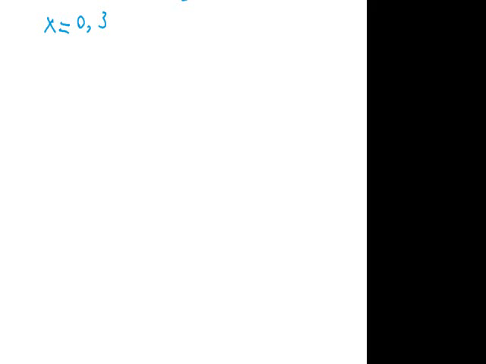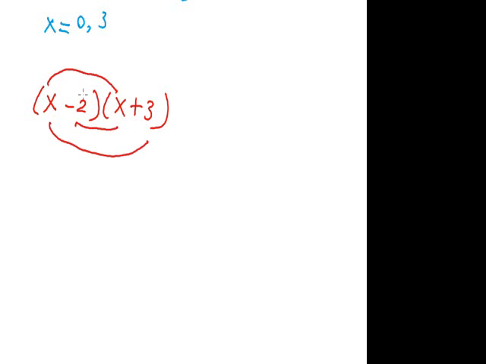For example, if you're given x minus 2 times x plus 3, you know how to FOIL. That's first, and then what is it? Outer times inner, and then last. It's a face, right? Yeah, it's a face. Okay, sorry.